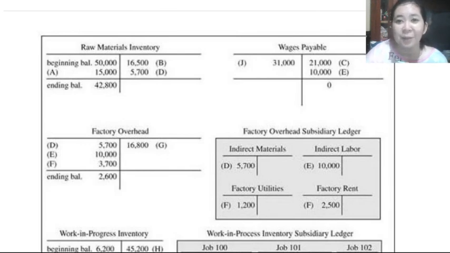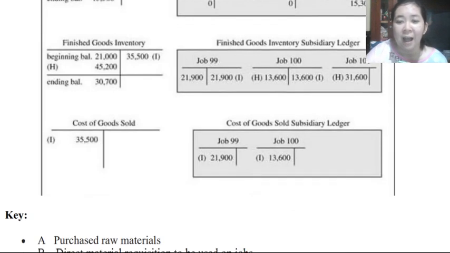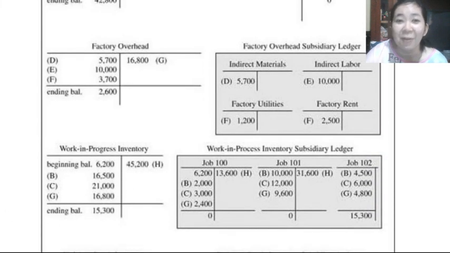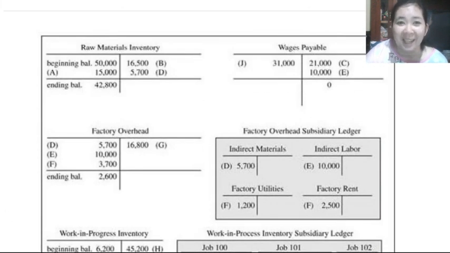In fact, in accounting, we first prepare the journal entries before we post them in our T accounts. But in job order costing or in cost accounting, you can directly record your transactions in the T account without using the journal entries. Again, it reflects here the debit and credit of our transactions.